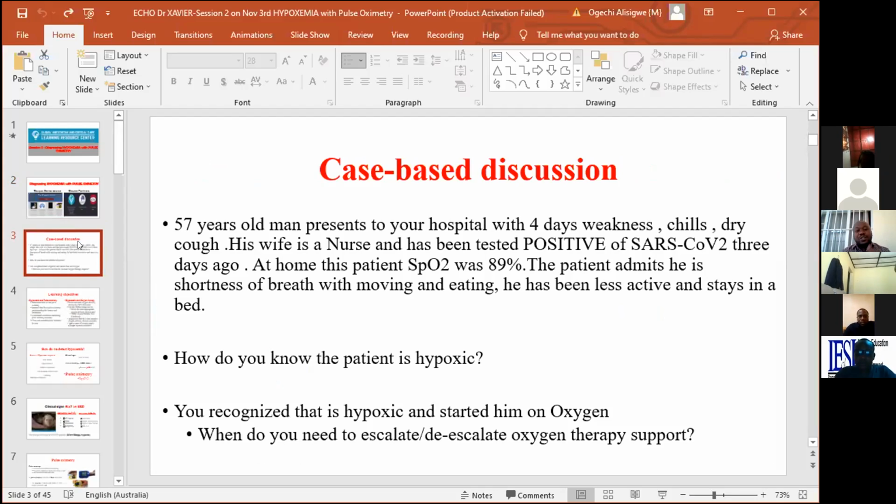The case is our continuing case. Last time we had this case coming to our emergency department, and then the triage was done, and the patient was placed in an isolation room. In the isolation room, new vitals were taken. But the patient expressed shortness of breath with moving and eating, and has been less active on the bed.